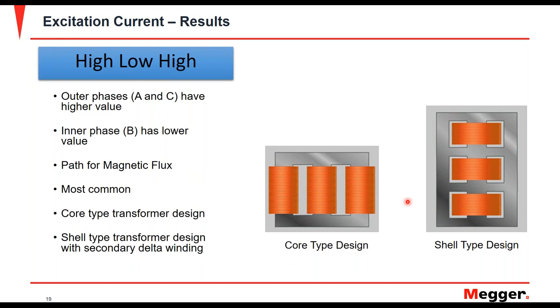So I would like to bring back the point of magnetic flux. For example, in the core type design, the middle phase has to travel smaller distances in order to establish that mutual flux. That's why the excitation current required for the middle phase is lower, and that's how you get that high-low-high pattern.